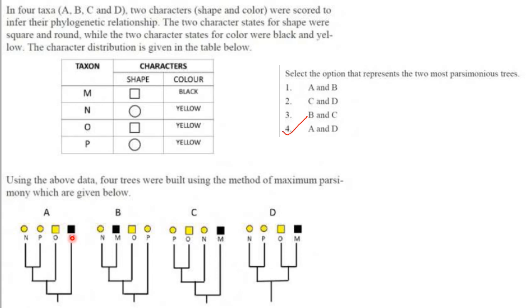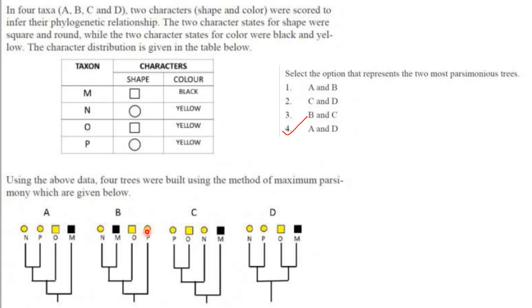If you see A, it is black in color, first a square, then a square but yellow in color, then it is coming to a circle. So 2 evolutionary changes have happened: a change in shape from square to circle and a change in color from black to yellow. So 2 changes.